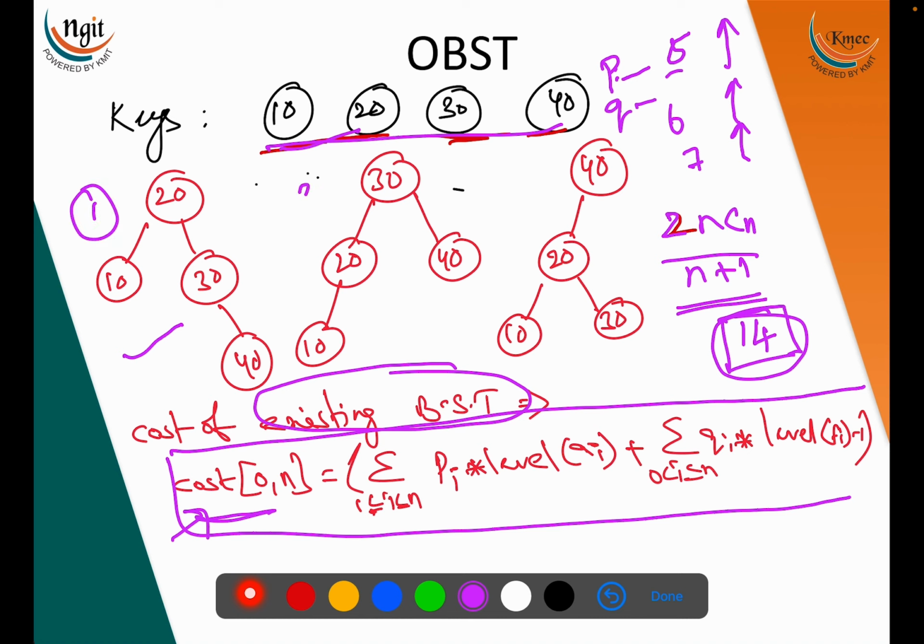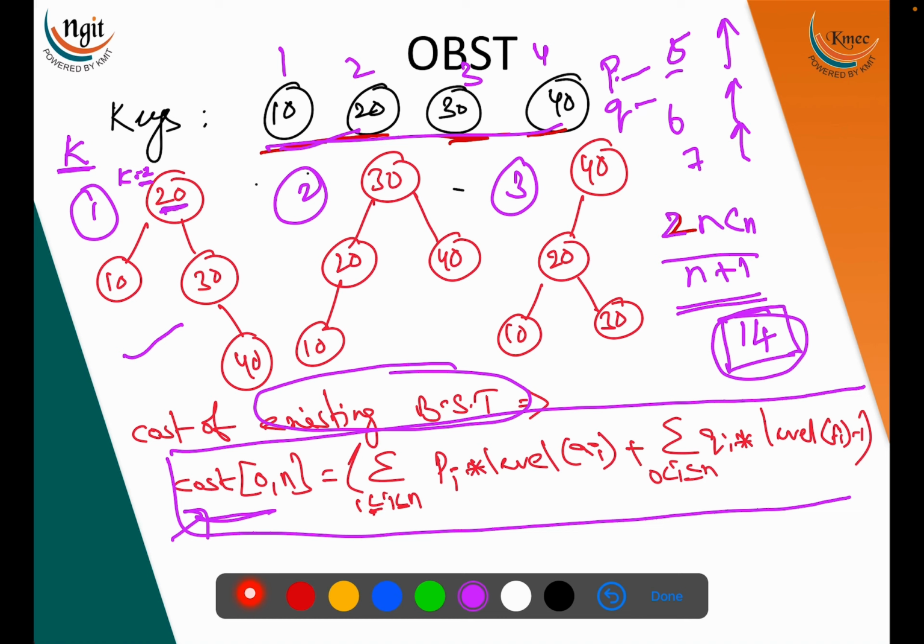Now look at this example. This is 1, this is 2, this is 3. Here the root element is 20, and I'm assuming k is the key element. Here the k value is 2. Let's suppose keys 1, 2, 3, 4. Now the root element is the second key element.